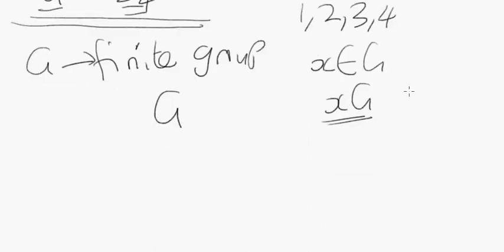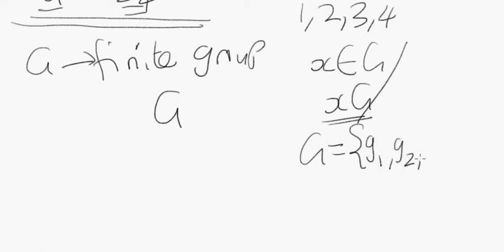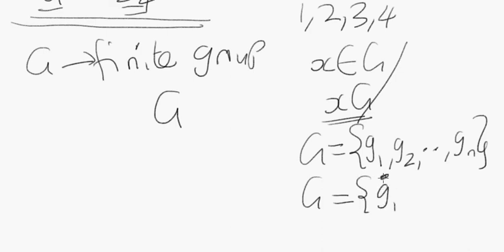Another question would be: if I have a group containing the elements G1, G2, all the way up to Gn, is it really true that I can view these elements of the group as instead being permutations of this same group? Is each element a permutation of the group? We haven't proved that yet.